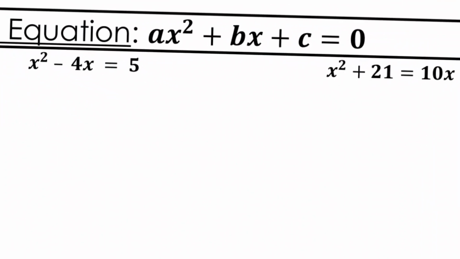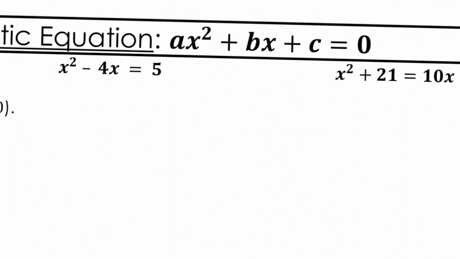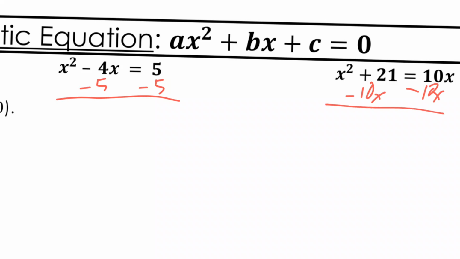Step one would be to subtract 5 from both sides to get everything on one side. And on this one, I would subtract 10x from both sides. In both of these equations, the terms are unlike terms, meaning they will stay separate from one another.